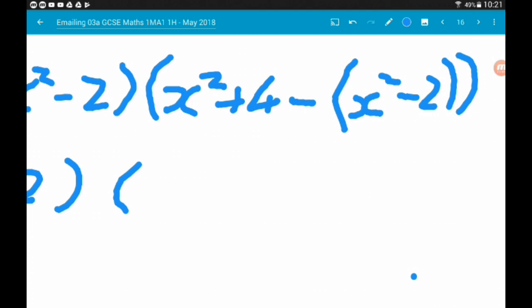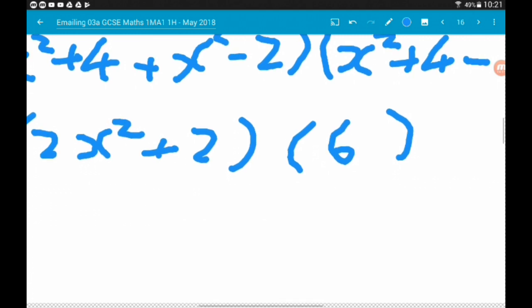So we got x squared, and now this second x squared is going to be a negative x squared because there is a negative outside the bracket. So the x squared terms here cancel out. And then we got 4 minus minus 2. So 4 minus minus 2 is 4 plus 2, which gives us 6.